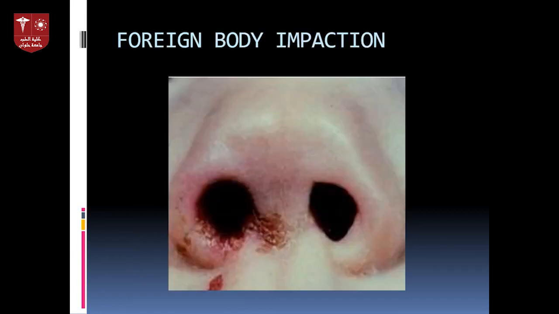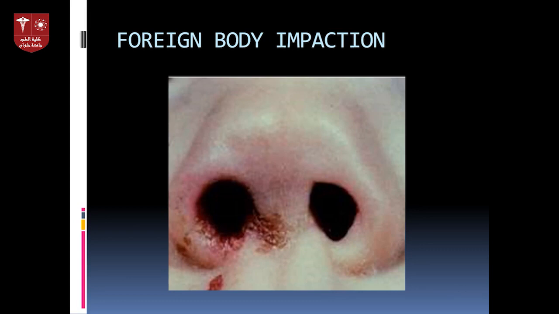Can you see this photo? You have a nose showing inflammatory reaction on one side, on the right side of the nose, and the left side looks completely normal. This is pathognomonic, and this is usually missed by the pediatrician. They don't look at it as we do.